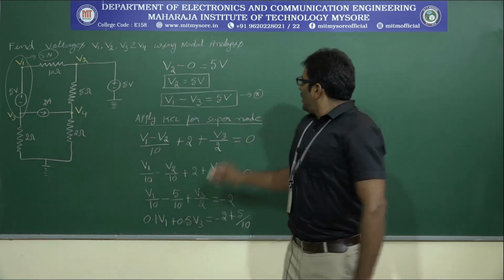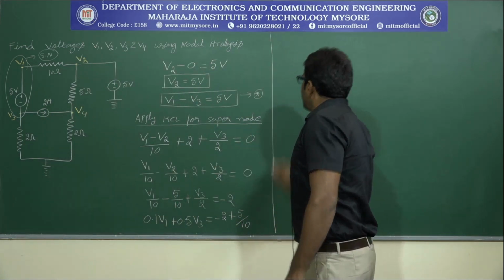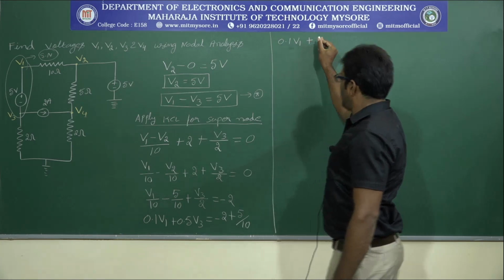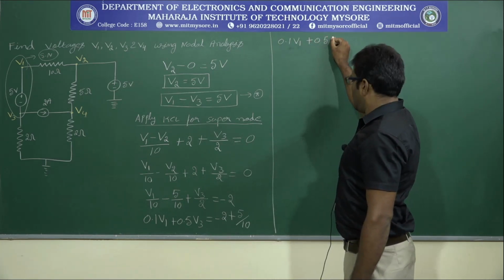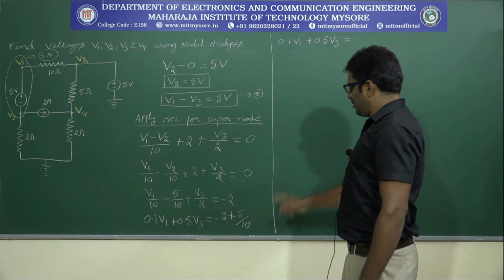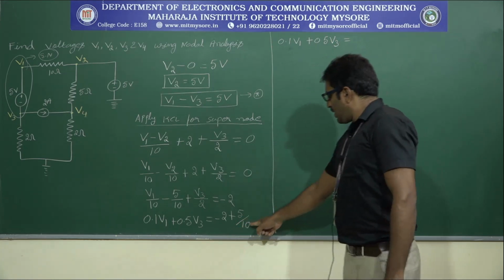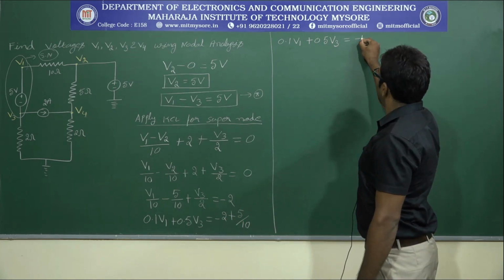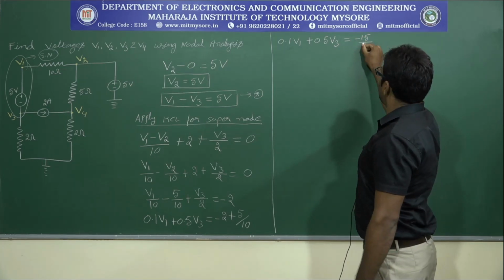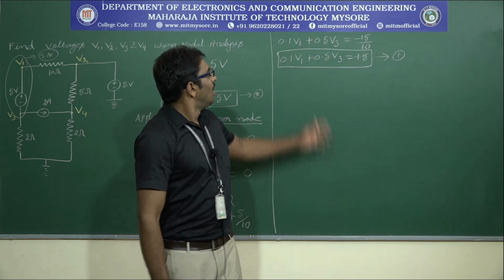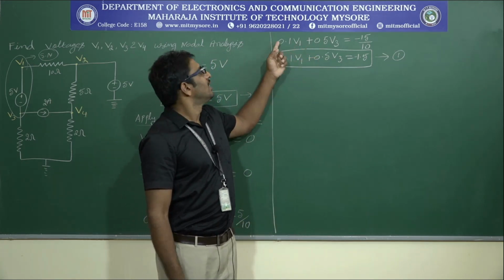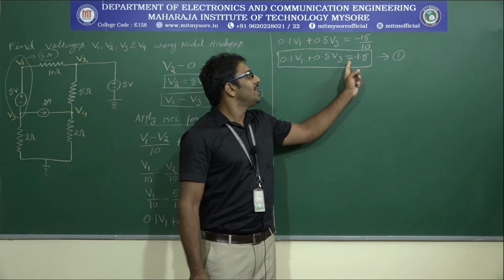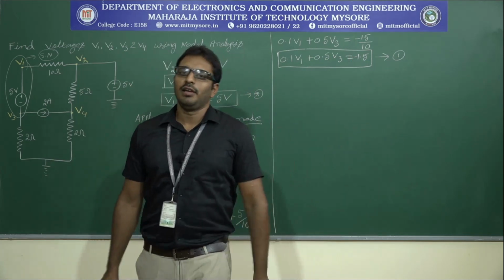Next step is 0.1 V1 plus 0.5 V3, that is equal to, just simplify, take the LCM: 10 into 2 minus 20 plus 5, minus 15 divided by 10. After simplifying this equation, 0.1 V1 plus 0.5 V3 is equal to minus 15 by 10, minus 1.5, and call this equation number 1.